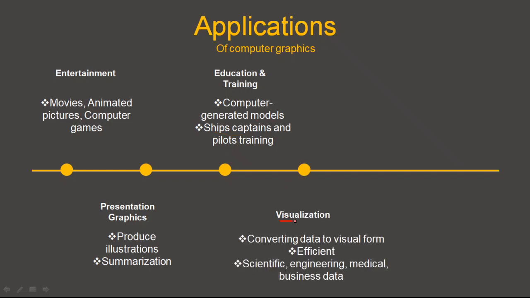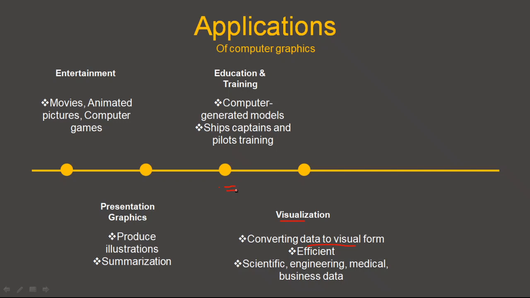Next is visualization. Visualization means converting data to real form. What does that really mean? If we have data, for example, of the population of cities of Pakistan, then it's very difficult to learn them in the form of statements. So we make them as points or in the real form.